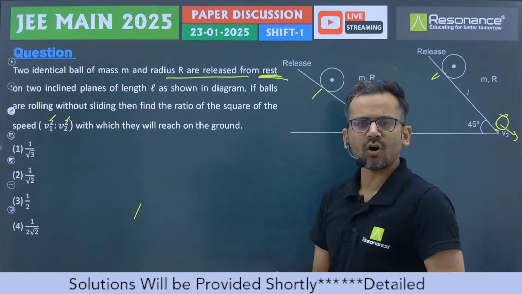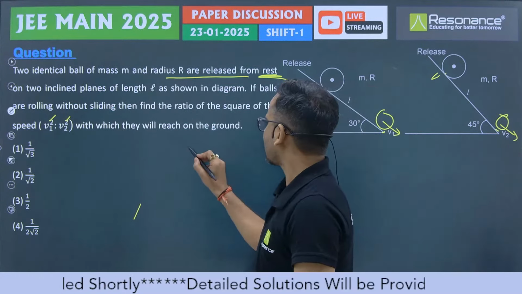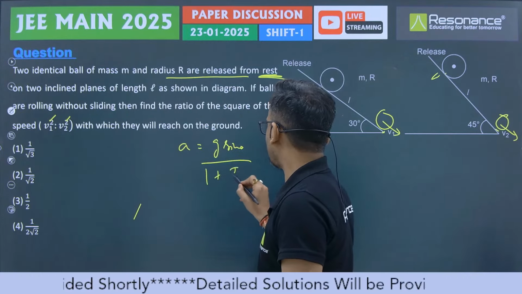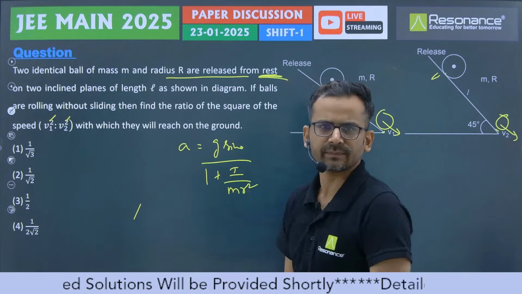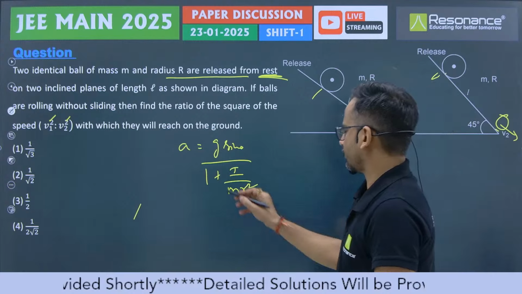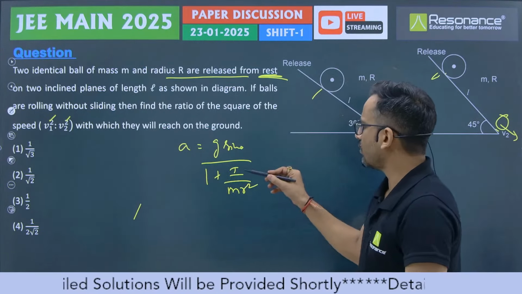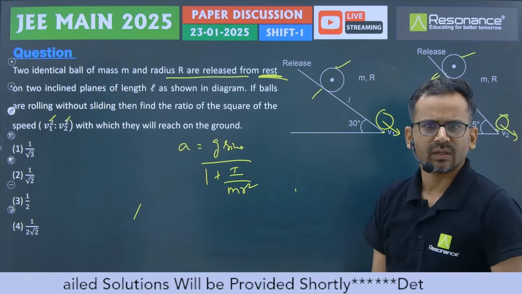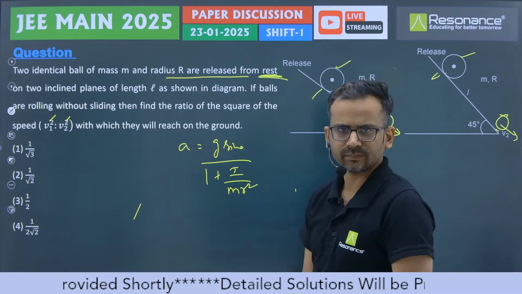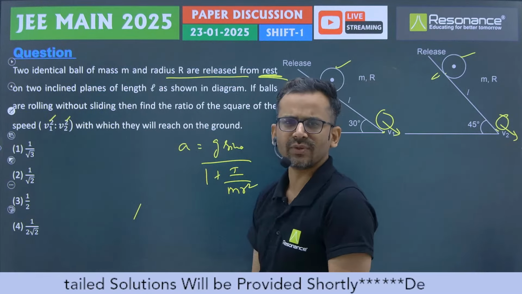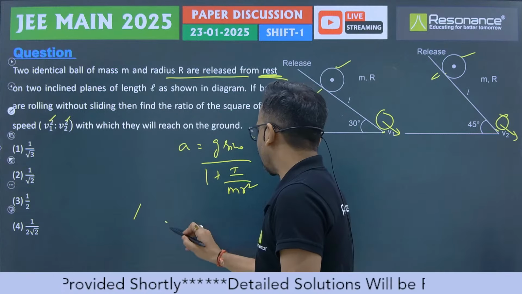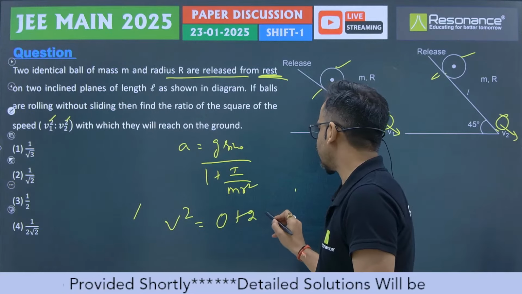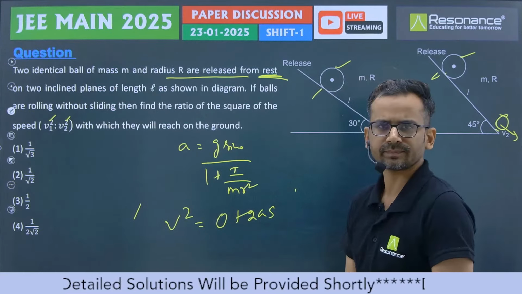So we have to find the ratio of v1 square to v2 square. Now we know that on the inclined plane, acceleration is given by g sine theta upon 1 plus I upon m r square. Okay, right? So over here, for both of them, this is a sphere, this is a sphere, so the moment of inertia factor will be the same. Now we have to find v. It is coming with pure rolling motion, but still v square equals u square plus 2as, right?